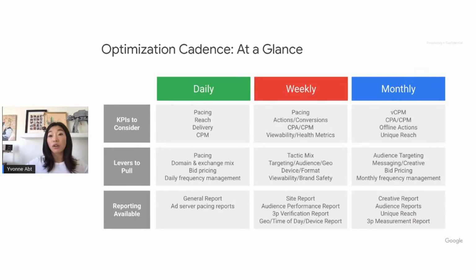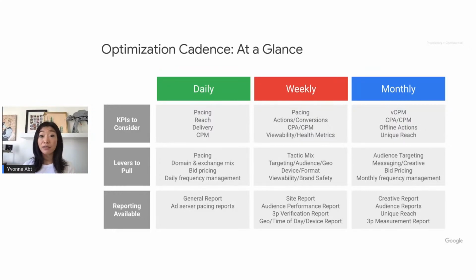For campaigns that go across multiple months, on a monthly basis, you can look at more macro, wholesale optimization changes, like performance by category, content vertical, et cetera. Those are bigger changes, and you're going to want to have hit minimum thresholds of data to help you make those recommendations.